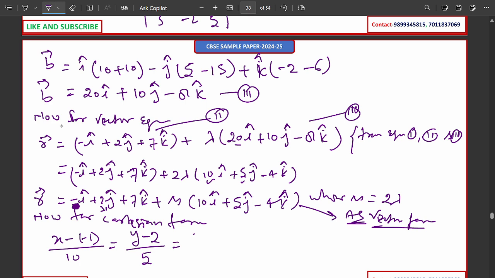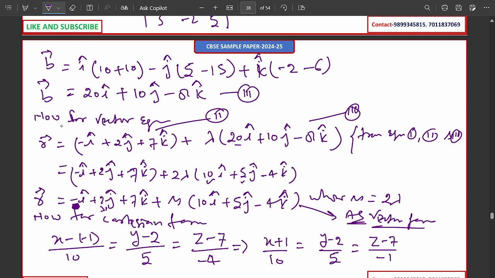And now z minus 7 will come with minus 4. So basically we can write (x plus 1) over 10, (y minus 2) over 5 and (z minus 7) over minus 4.